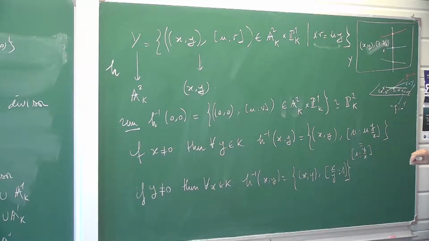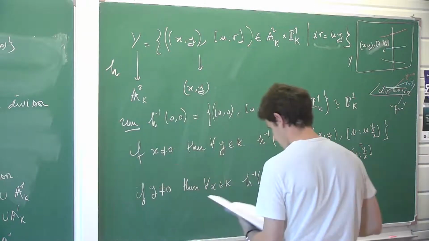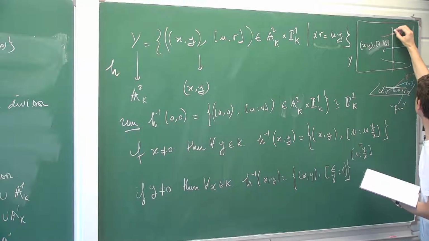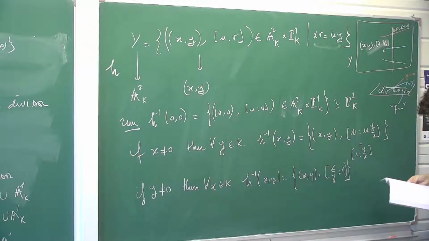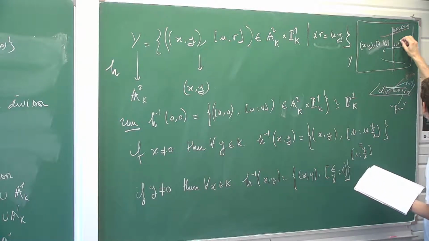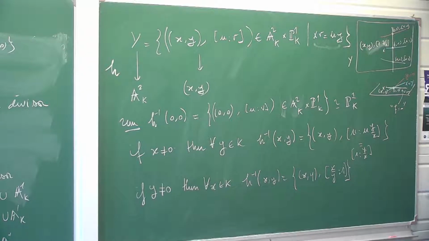So this is the point (0, 0, 1, 0). Then I have the point (0, 0, 1, 1), and then the point 0. Here.